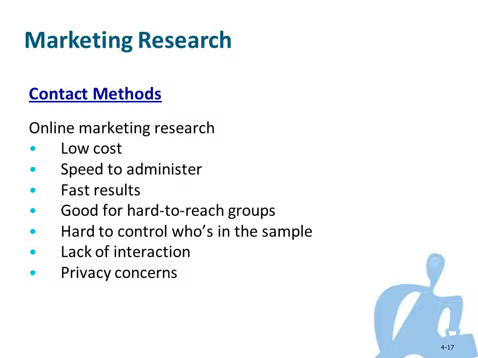Online marketing research is low cost, speedy to administer, and gives fast results, and is good for hard to reach groups. But it is hard to control who's in the sample, there is a lack of interaction, and there are privacy concerns.